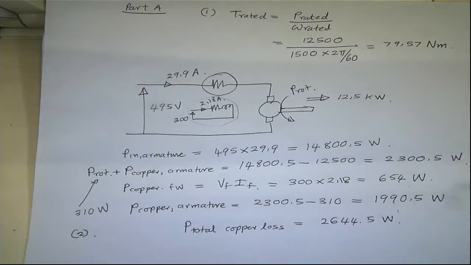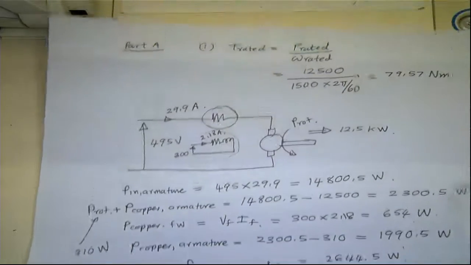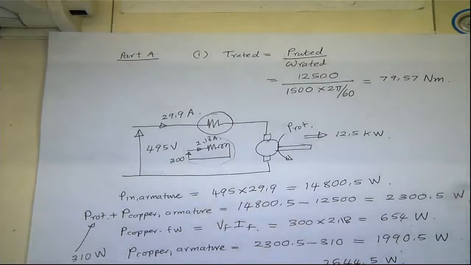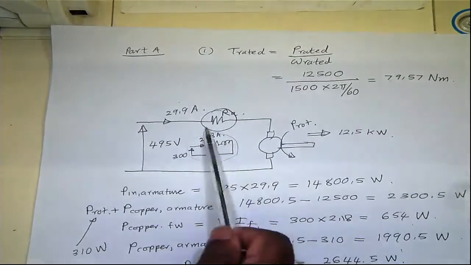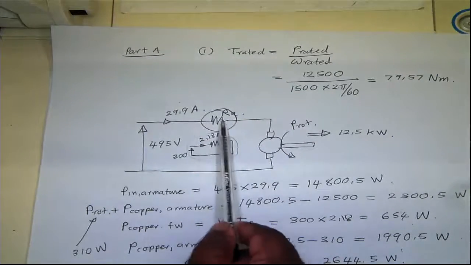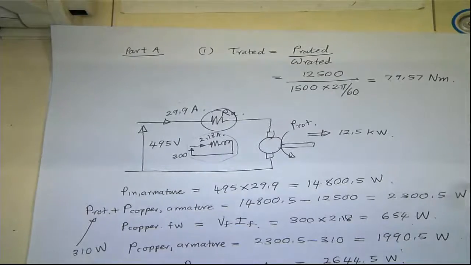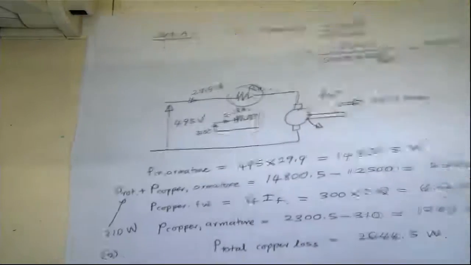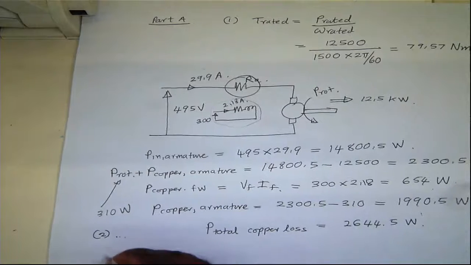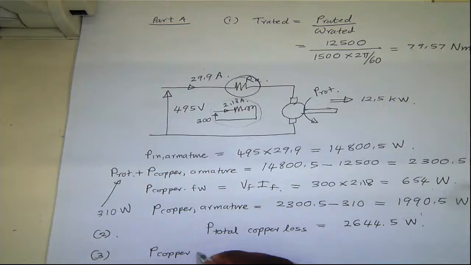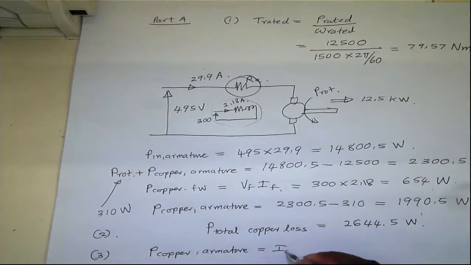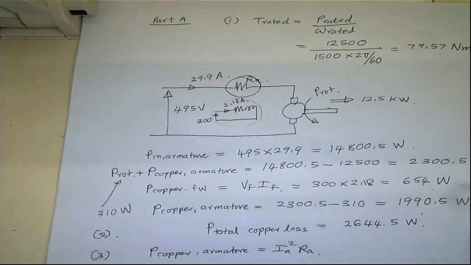So the third part of that question is to estimate the armature resistance. So we need to find the resistance here, RA. We know the power loss in this element, and we know the current through the element, so we can estimate that as I squared R. So P armature copper losses will be IA squared RA.